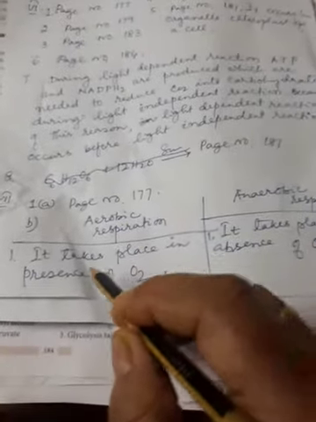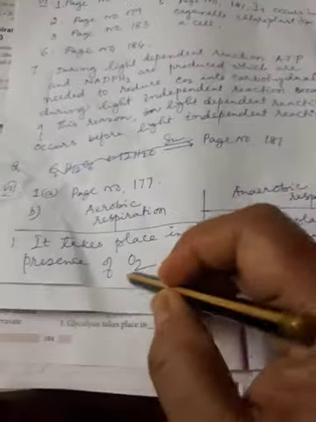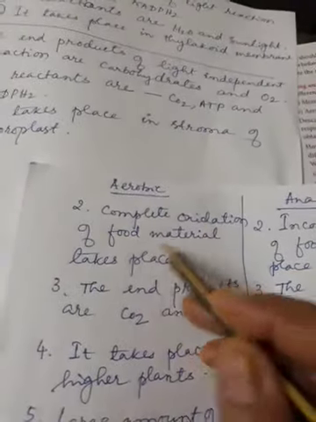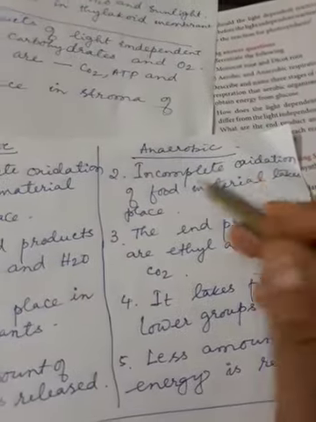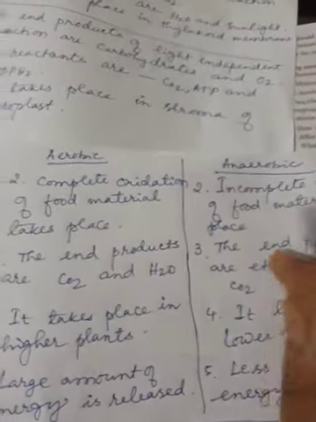Now next part of the question is, write the differences between aerobic and anaerobic respiration. That I have written. Just you keep in your note. Aerobic respiration takes place in presence of oxygen, anaerobic respiration takes place in absence of oxygen. Next point, 5 points I have written. Complete oxidation of food material takes place under aerobic, and incomplete oxidation under anaerobic, only one word is the difference.